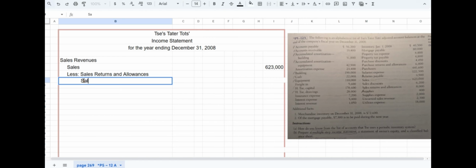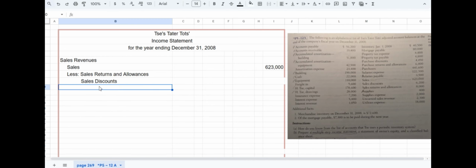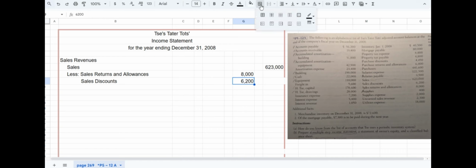And we also want to subtract sales discounts. This goes in the third column. Sales returns and allowances is $8,000. And sales discounts is $6,200. And we need to add the sales returns and allowances with the sales discounts.